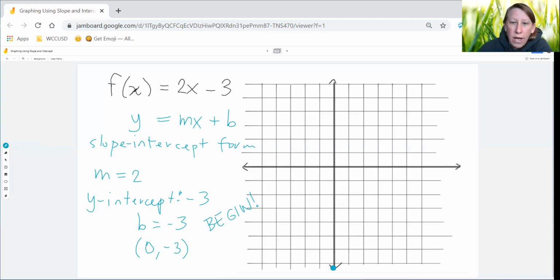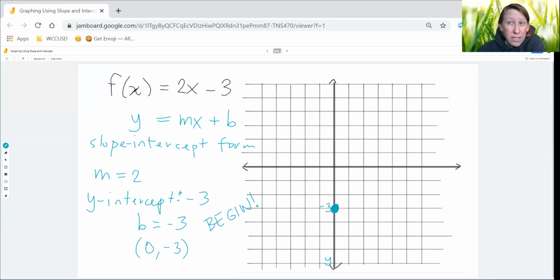This is the y-axis, and we are going to begin by finding (0, negative 3). It's on the y-line, and I'm going to go up, down, down. There is negative 3 right there. That is where I begin. That's the y-intercept. This line is going through the y-axis at negative 3.